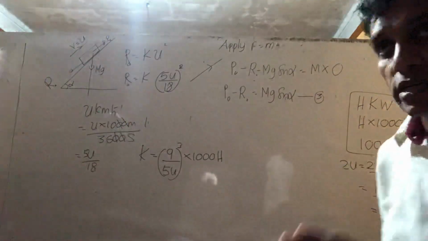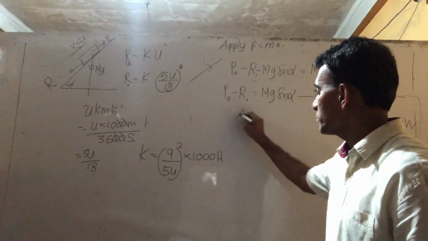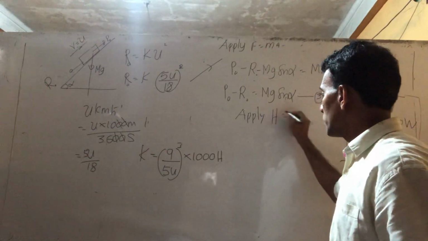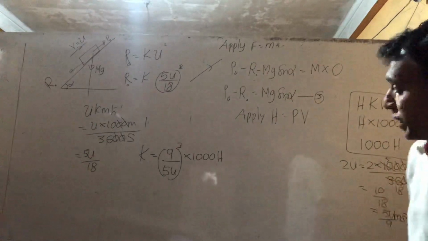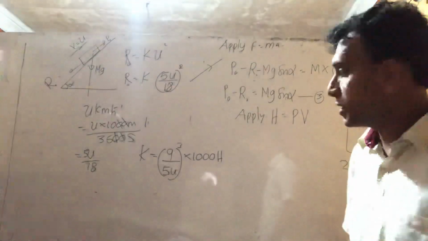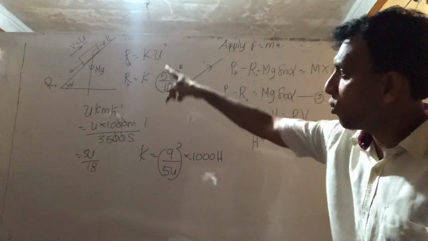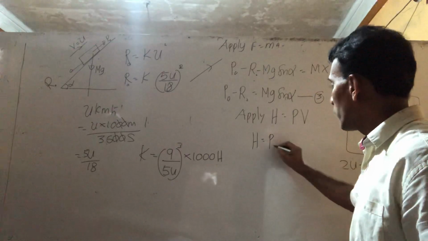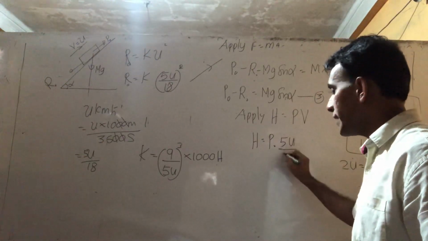Now apply the H equals PV formula. The power equals tractive force into velocity, right? Here H is the same. For P I write P naught, and velocity is u, that means 5u over 18.